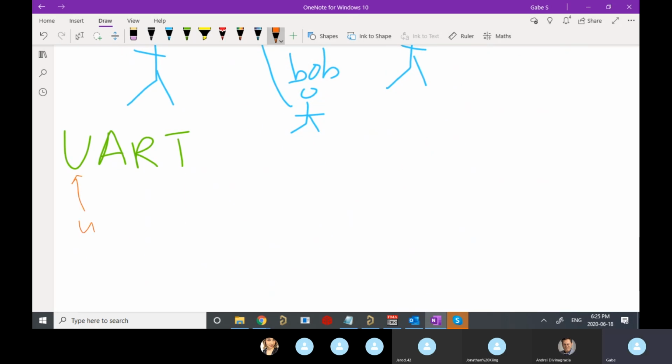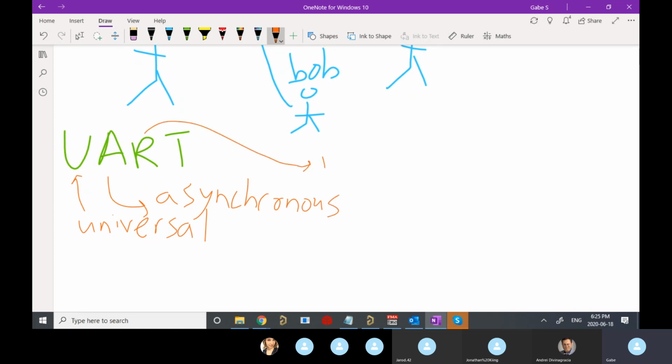So it stands for universal asynchronous. That's important. Receiver transmitter. So this is one of those languages that the sender and the receiver have agreed upon beforehand.